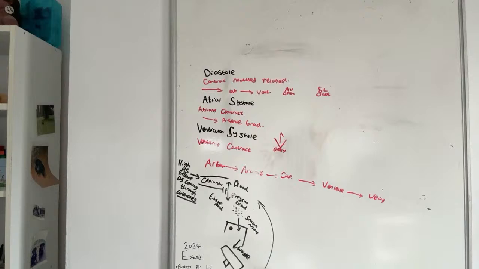Figure 5 represents a transverse section of an artery and vein. State 2 other ways in which the wall of an artery is different to the wall of a vein. Narrower lumen and more muscle / elastic tissue. Easy. Blood in the arteries has a high hydrostatic pressure. Hydrostatic pressure is generated in the heart. See, I don't fully recall this.